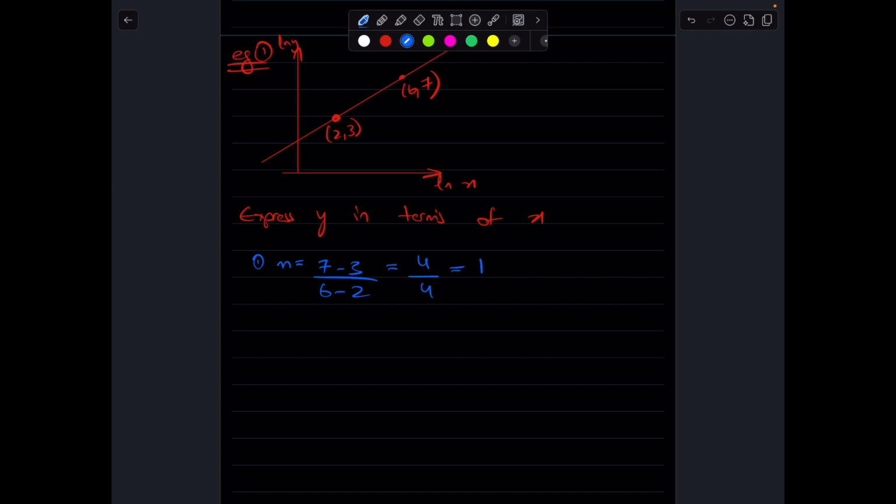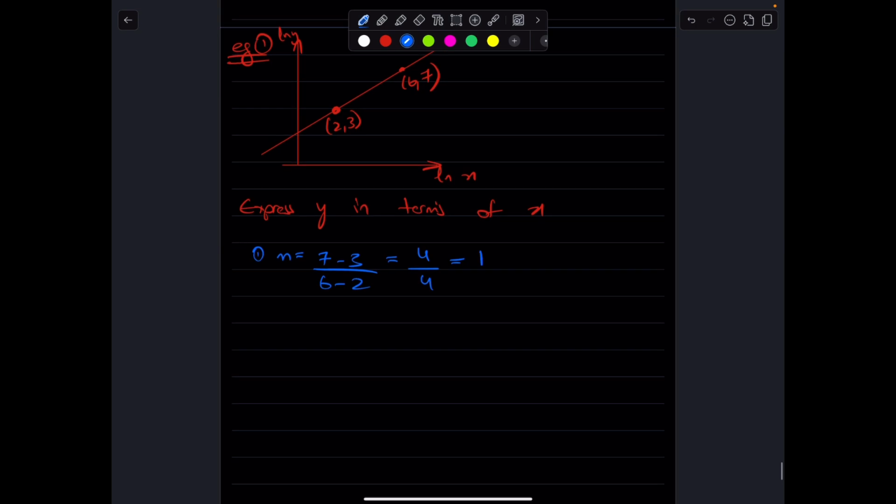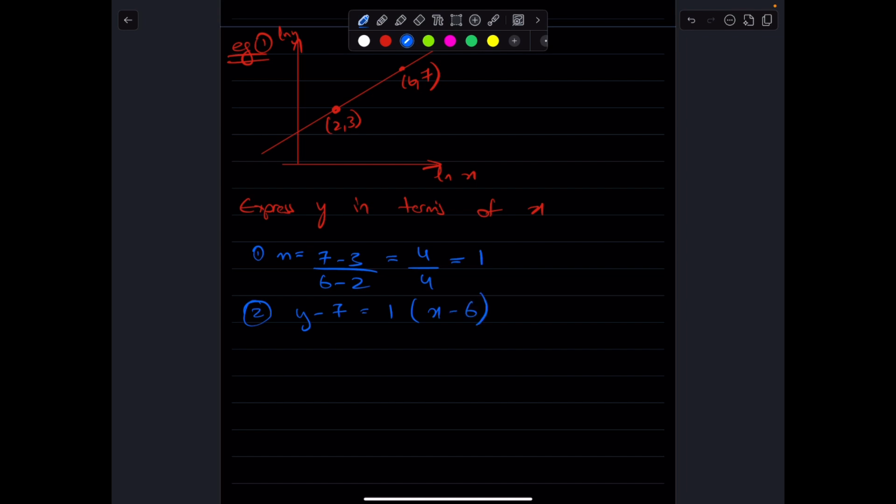So I have 2 points and a gradient, and this is more than enough to form an equation in the form y is equal to mx plus c. Y minus y1 is equal to m whole bracket x minus x1. We will simplify this, and the linear equation we'll obtain is y is equal to x plus 1.